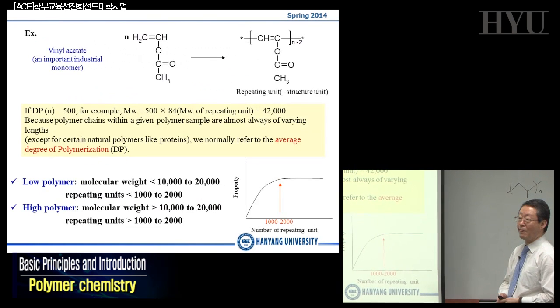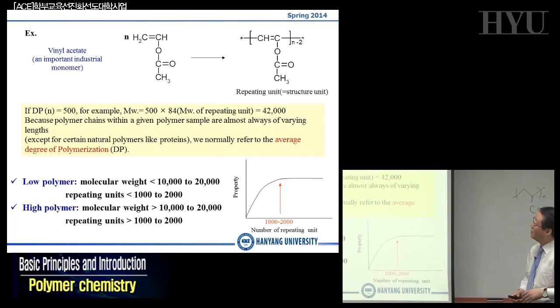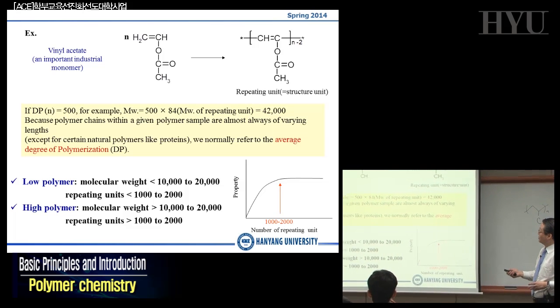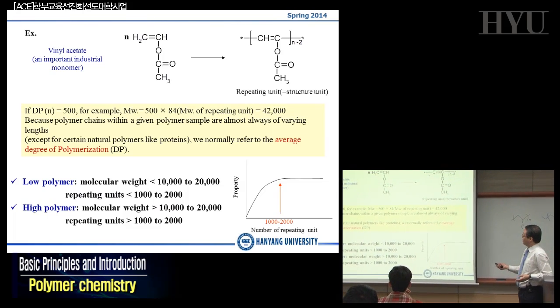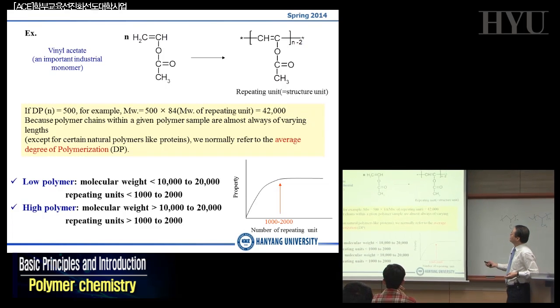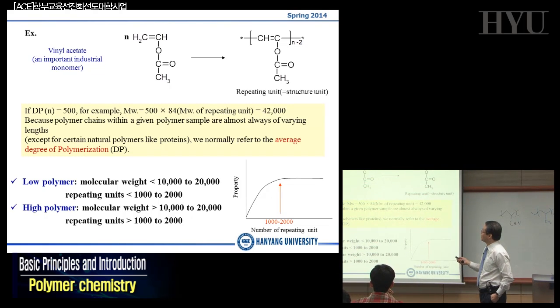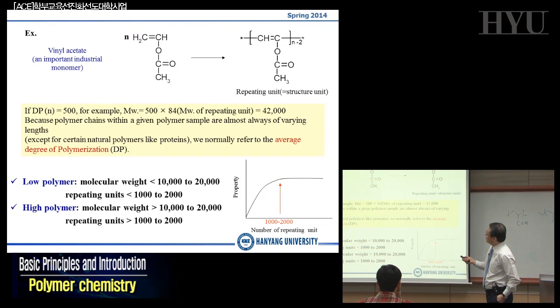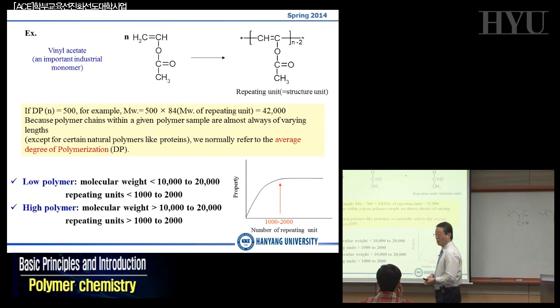I will just make this slide here with another example. Another example of polymerization is making another glue with polyvinyl acetate. This polyvinyl acetate is widely used in making wallpaper glue.